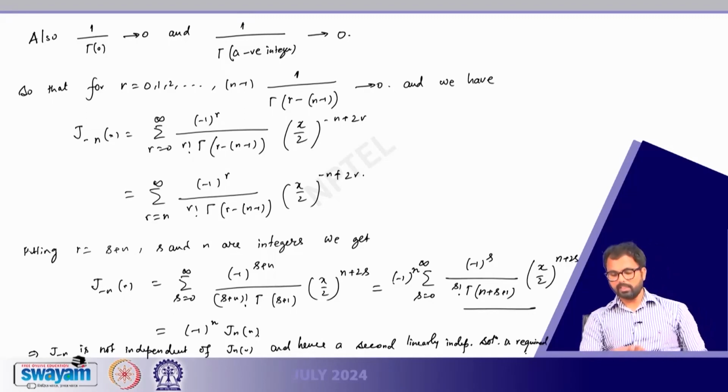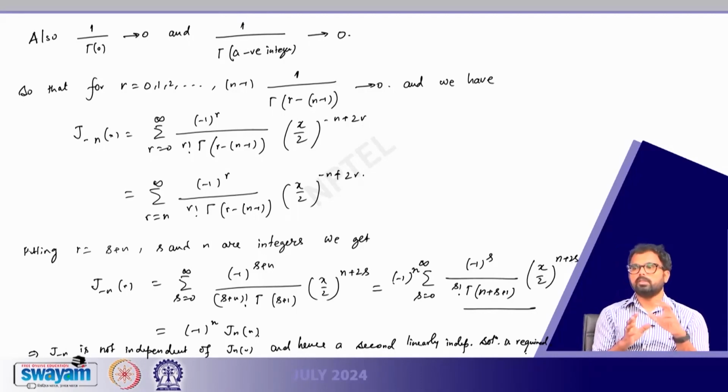So basically by this calculation what we are trying to show is that since we have a second order ordinary differential equation, we need to have two linearly independent solutions, right.